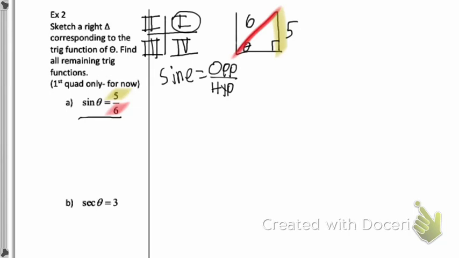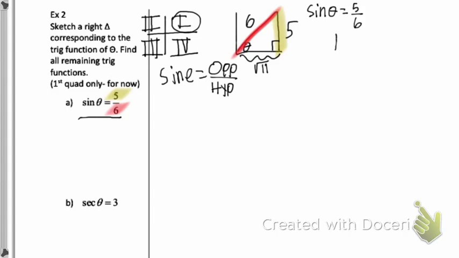Now we need to find the other trig functions. So we already know sine of theta is 5 over 6. So let's find this side first. I used my calculator with the Pythagorean theorem, which is a squared plus b squared equals c squared, and you square root c squared. So I got square root of 11.